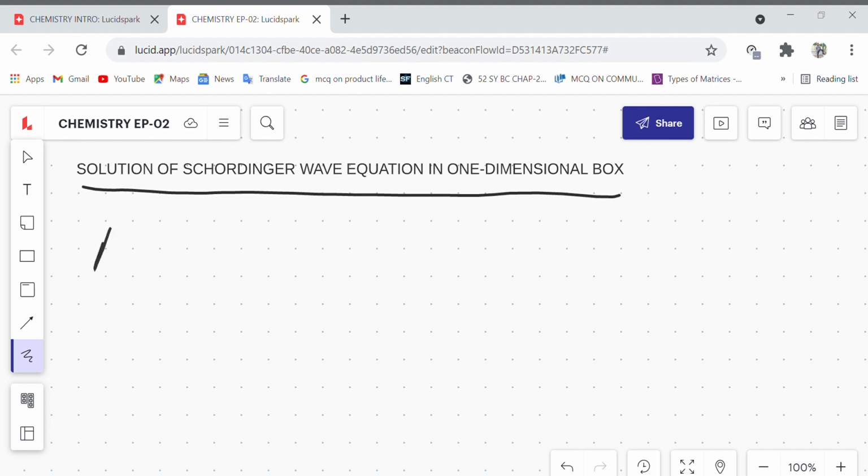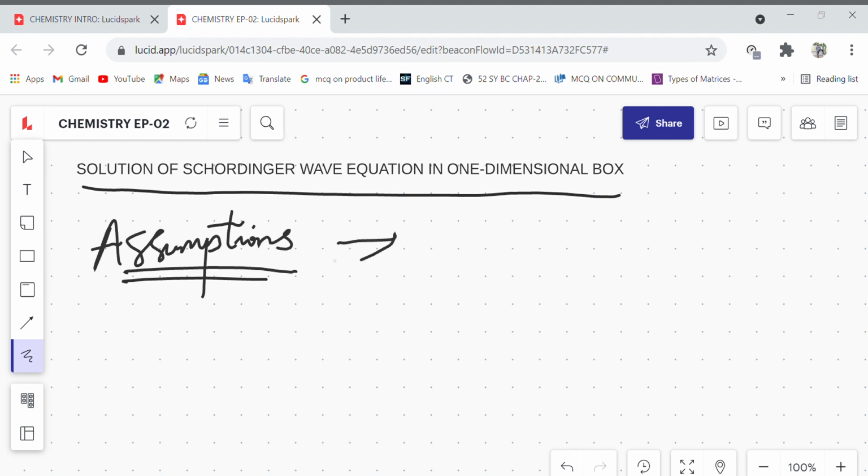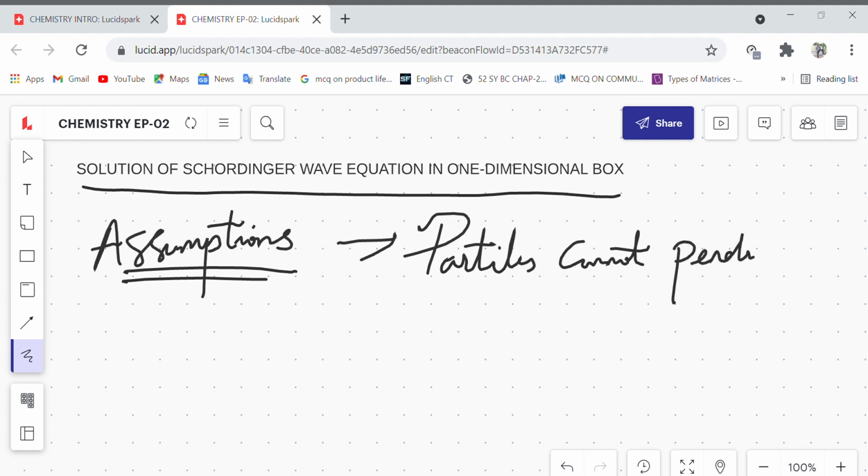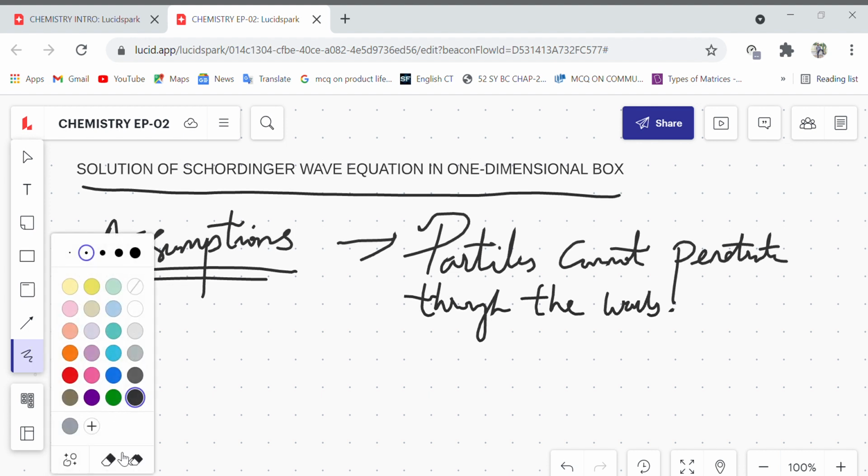So let me talk about some of the assumptions. Some of the assumptions are the particles cannot penetrate through the walls. Or to be more clear, let me use the text box.